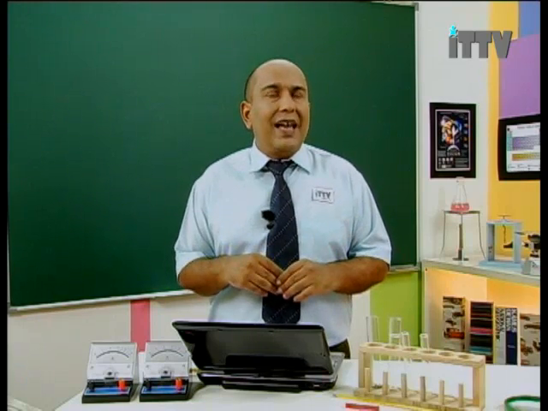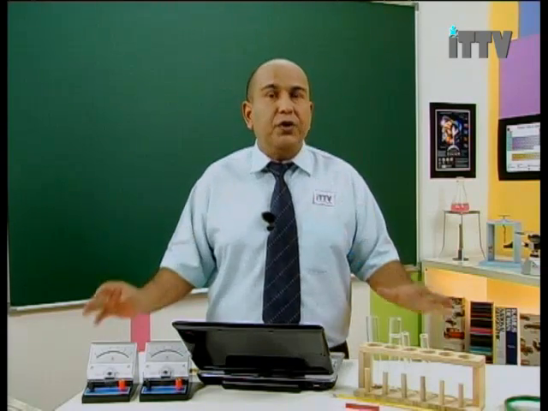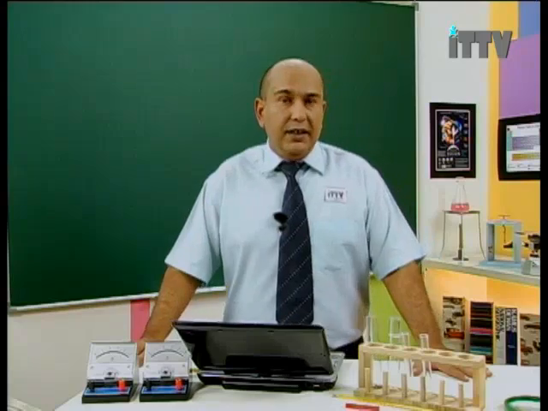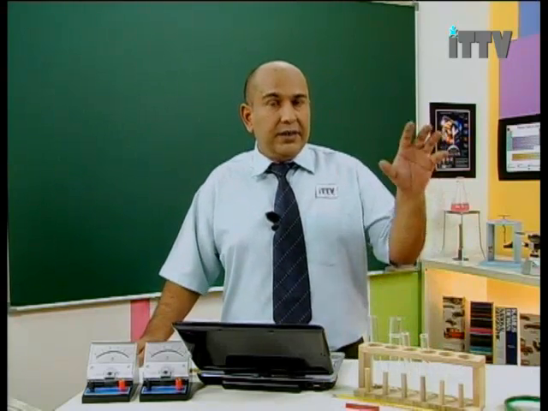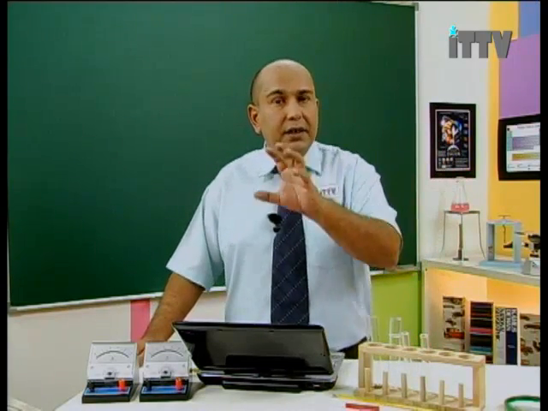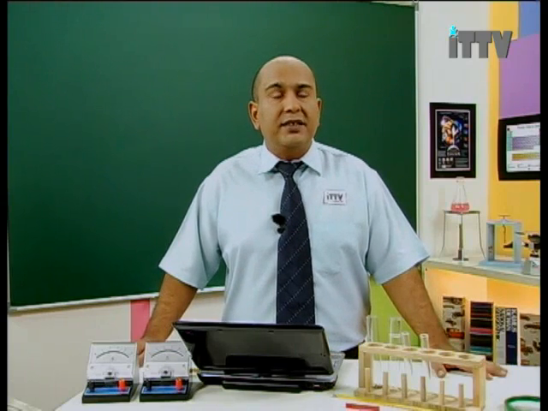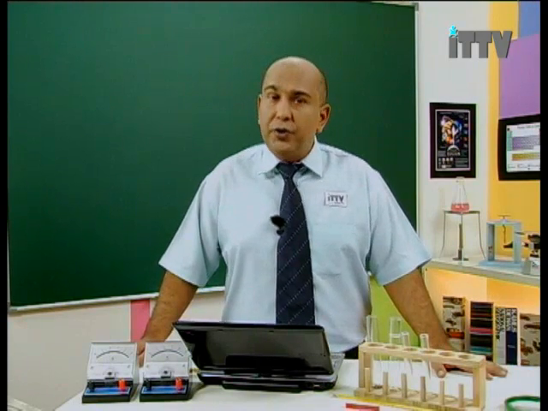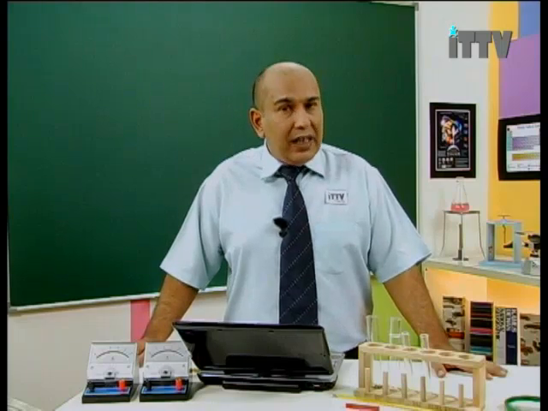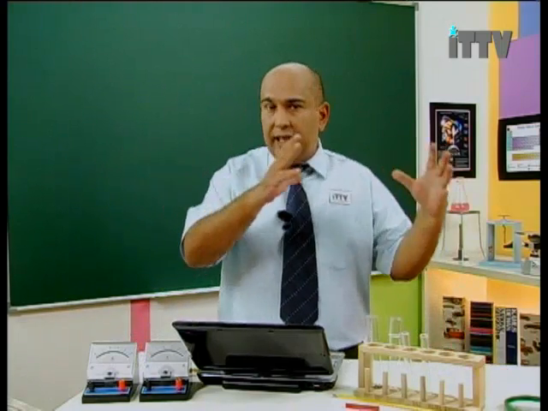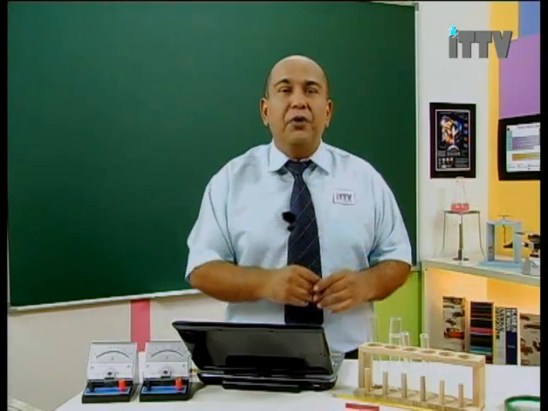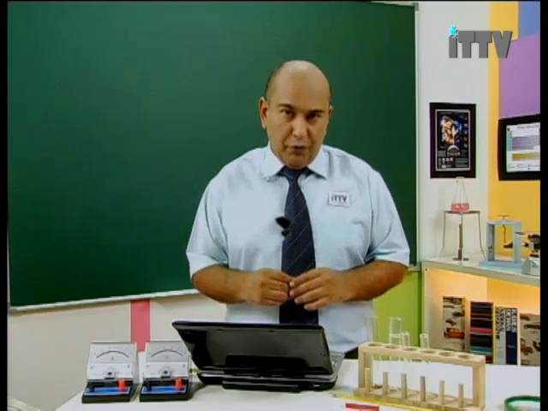We've also looked at the neuron, the three types of neurons that we have: the sensory neuron that sends impulses from the receptor to the CNS, the motor neuron that sends impulses from the CNS to the effector, and the relay neuron which connects a sensory neuron with a motor neuron.